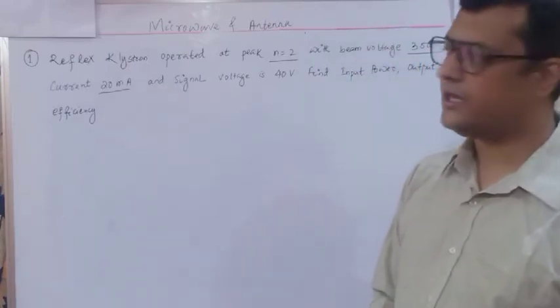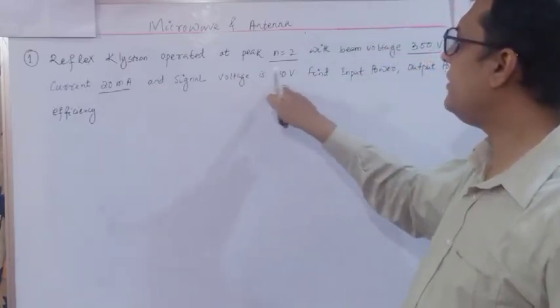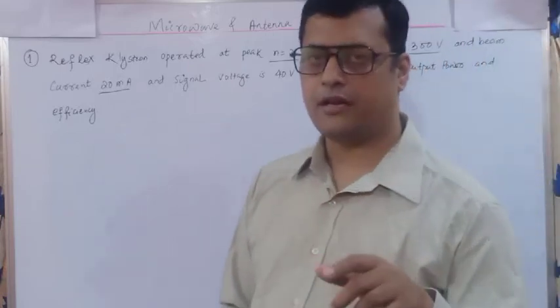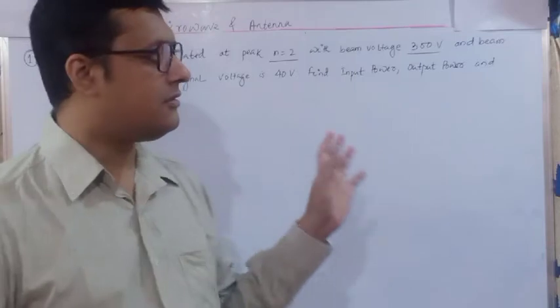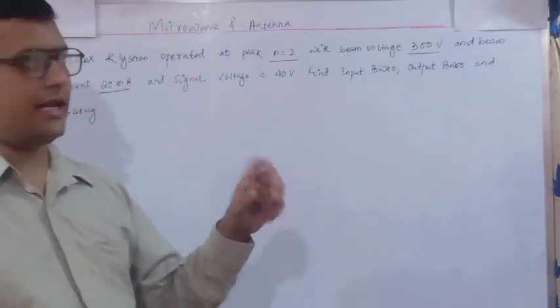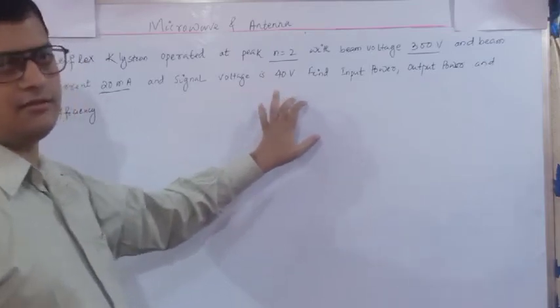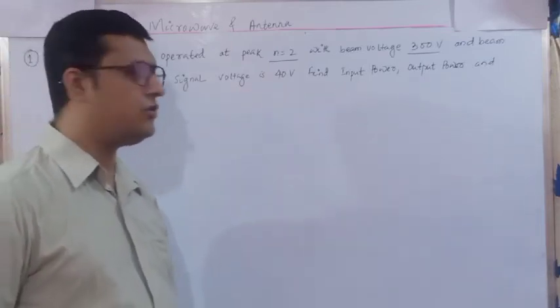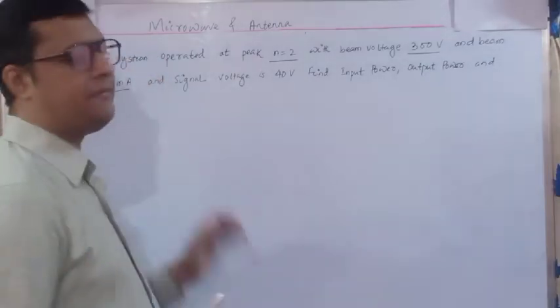And a signal voltage of 40 volts. Signal voltage means the RF voltage, V RF, that the signal is providing to the cavity gap, is 40 volt. Here we have to find the input power, output power, and its efficiency.